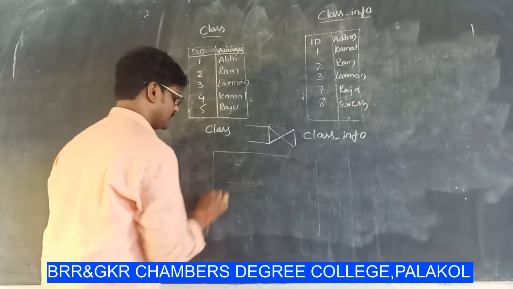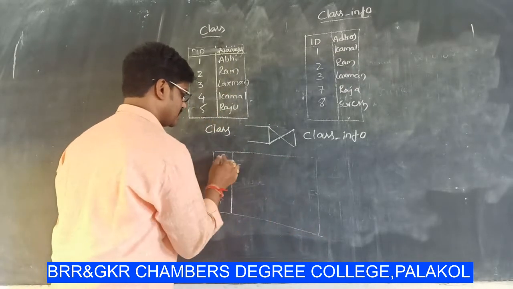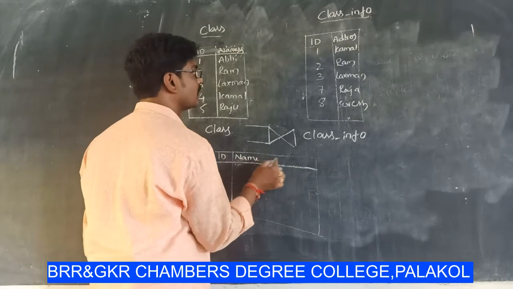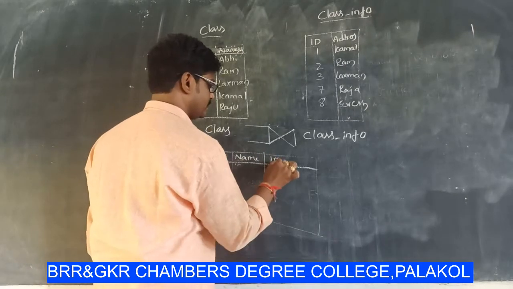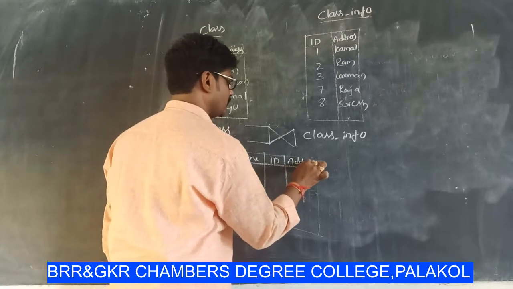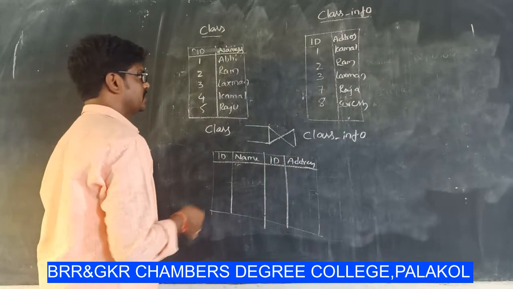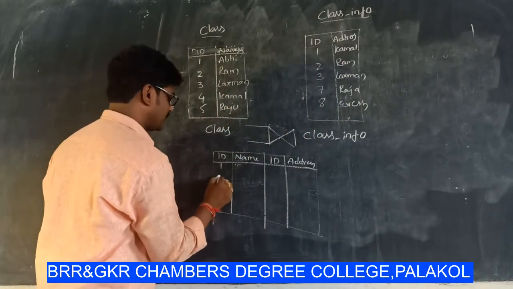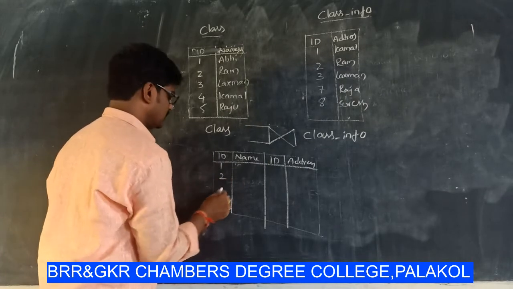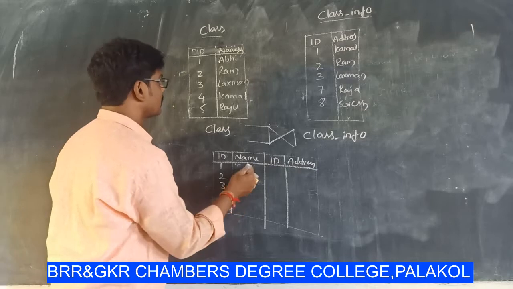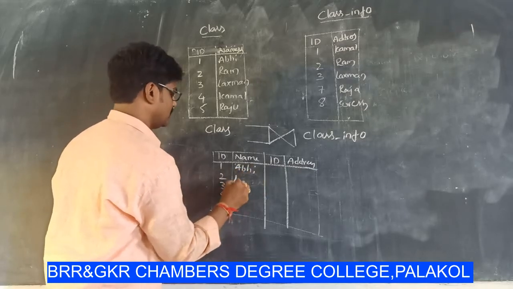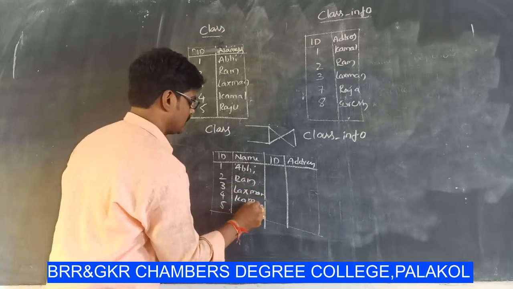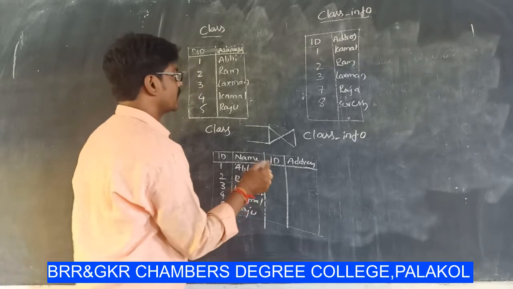Based upon the two relations, we have ID, name, ID and address. On the left is the left table and on the right the right table. The complete left table exists: Abhi, Ram, Kamal, Raju.